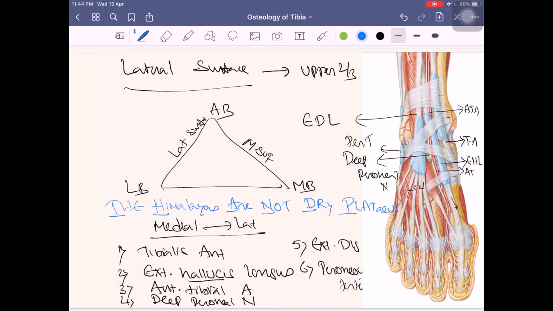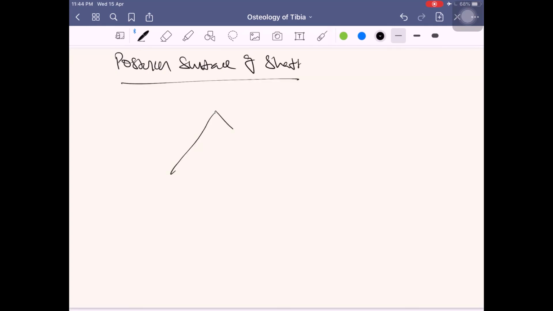Now we have the last surface called the posterior surface. So the posterior surface of the shaft of tibia. Again put this picture like this. This was the anterior border, this was your medial border, lateral border, this was your medial surface, between these two this was your lateral surface, and between your posterior medial border and the lateral border you got the posterior surface.